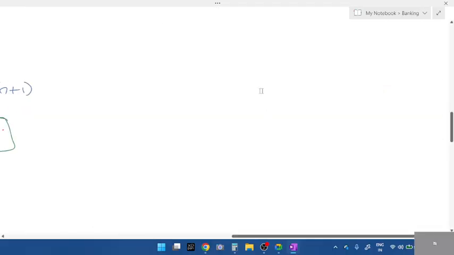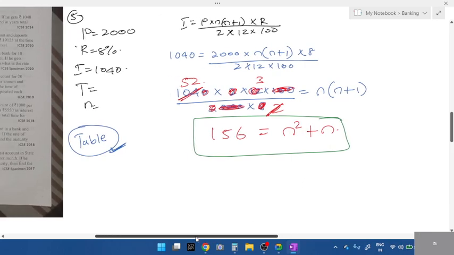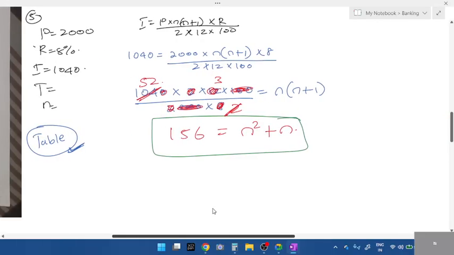Let me erase this. Once you are done with that, now complete this, students. Complete it till here. After this, I'll teach you how to find the value of n. This question I have sent in the group. You can check, I have sent this in the group. Write question 5. Write the answer.